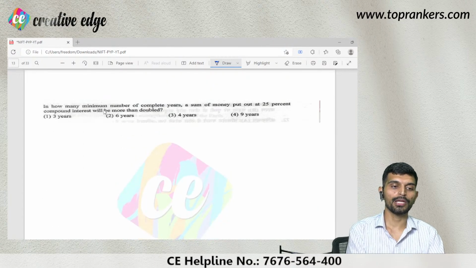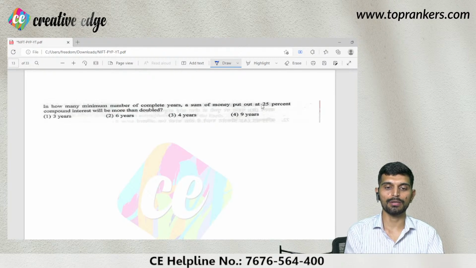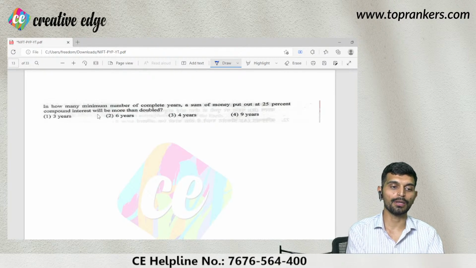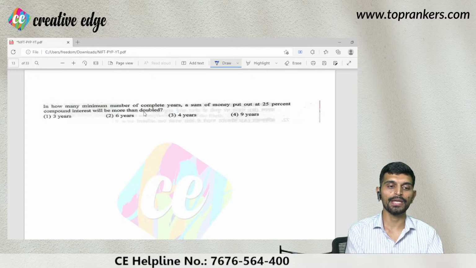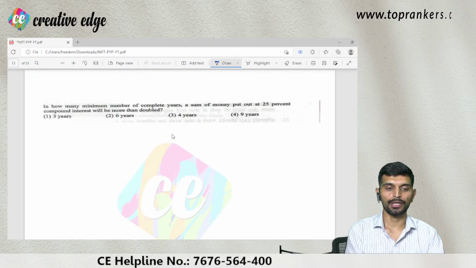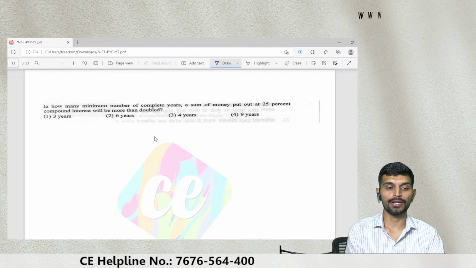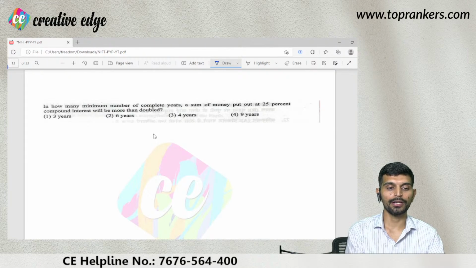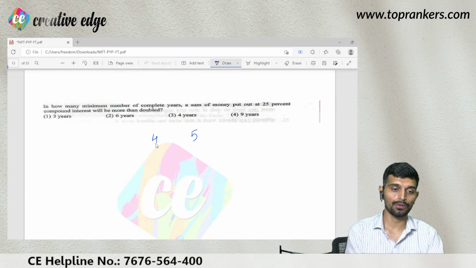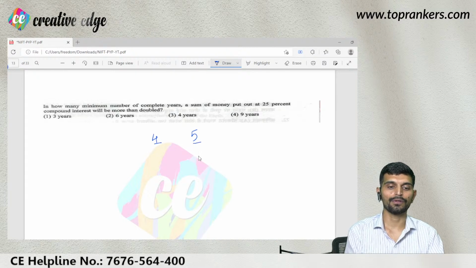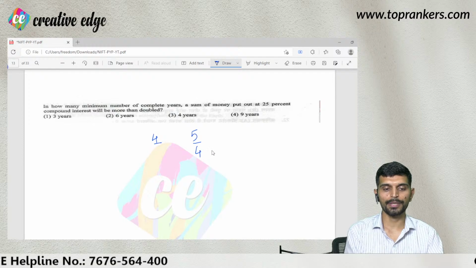Next, in how many minimum number of complete years will a sum of money put out at 25% compound interest be more than doubled, right? So 25% is the rate of interest. Say at the end of first year, if I have invested rupees 4, that will become rupees 5. Next year, this is the principal.